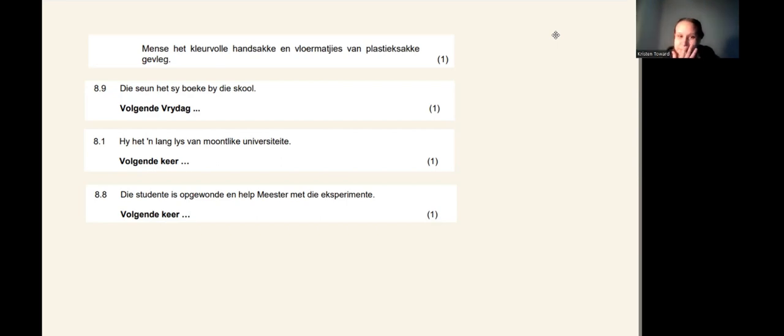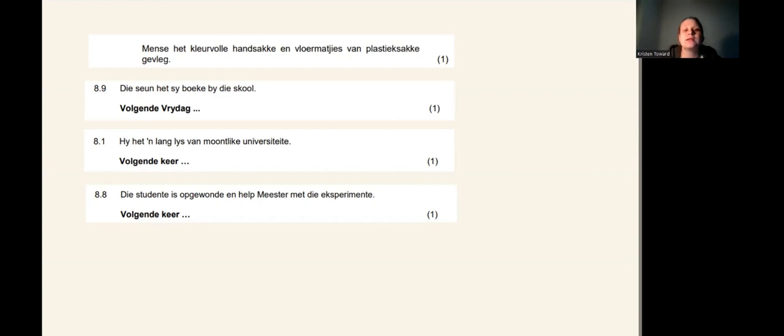Okay, so here it is a little bit different to the rule I mentioned, so sal word, because in this case, you should actually add wees, because you're going to be something, but it's just a slight deviation in the word and is more appropriate for this context. So volgende keer sal die studente opgewonde wees en help meester met die eksperimente. So it's just a different way of wording it.